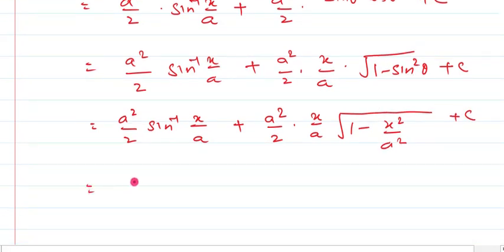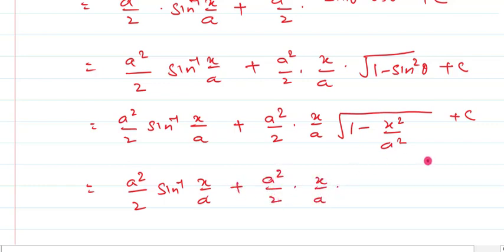So on simplification, you are getting a square upon 2 sine inverse x upon a plus a square upon 2 into x upon a into, taking LCM over here, we are left with 1 upon a outside, and inside the square root sign we are having a square minus x square, plus c.